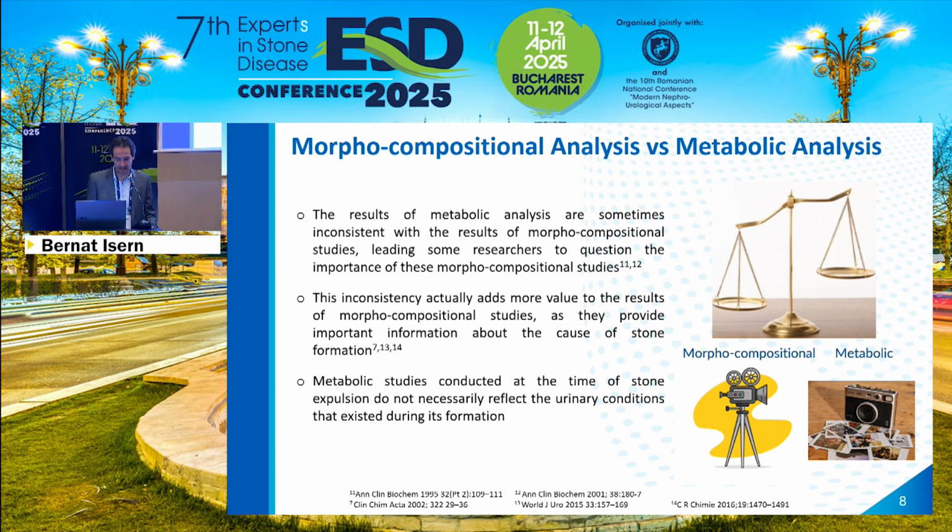It has been suggested that it could be due to the urine collection not being done properly. However, we think that it's due to the metabolic studies conducted at the time of stone expulsion not necessarily reflecting the urinary conditions during its formation. Instead, they represent more of a snapshot of the current situation, which often has little connection with the conditions that cause stone formation.